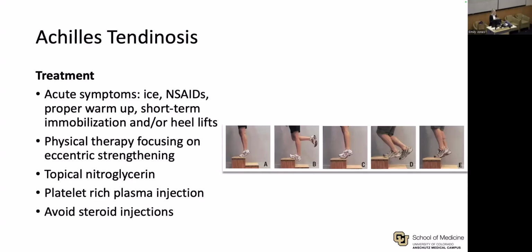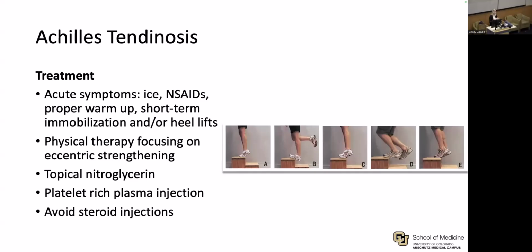So one of the other things that I use a fair amount for not just Achilles tendinosis, but tennis elbow and some other areas, or patellar tendonitis, is topical nitroglycerin. They've done studies on this that show that it can actually improve tendon healing. And it is the same nitro that we're using for people with chest pain.